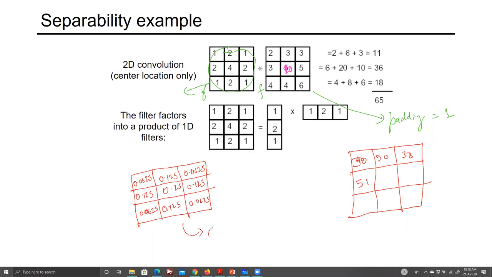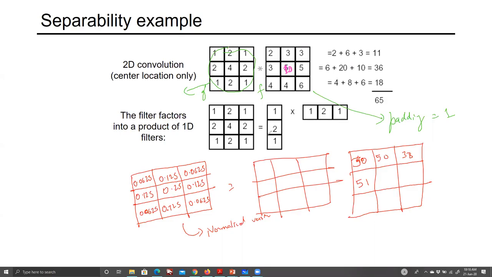This would be the normalized version, which one should use. Tell me 30, 50, 38, 51, and then if you were to do it with the normalized version, I think sometimes we have to do padding 2.